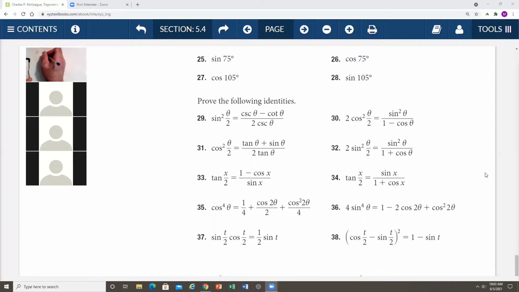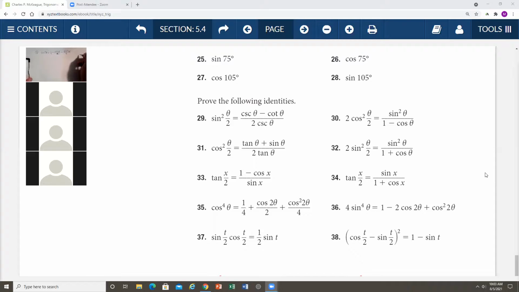All right, so I have to try to somehow show that cosine to the fourth power of theta is equal to 1/4 plus cosine of 2 theta divided by 2, excuse me, plus the cosine squared of 2 theta divided by 4.